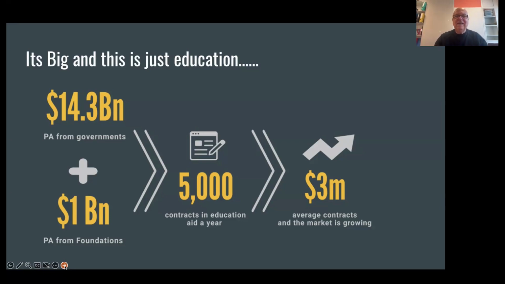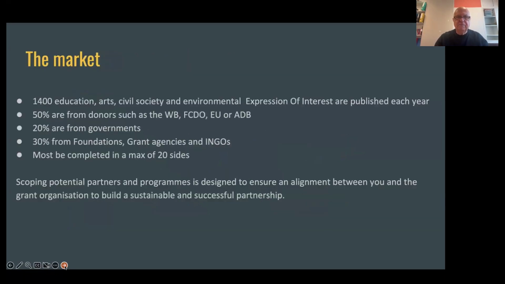So first of all, it's a huge market. So in the last year, there were 1,400 education, arts, civil society, and environmental expressions of interest. An expression of interest is where a community publishes and says, we're interested in getting applications in these areas. 1,400.